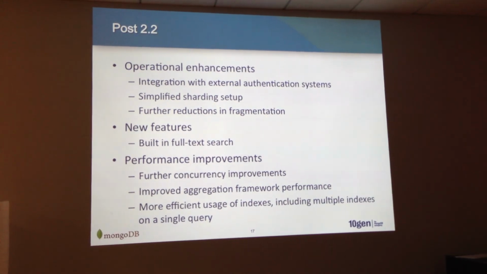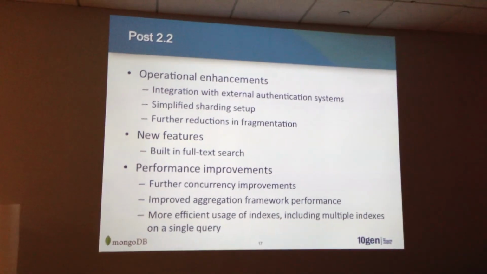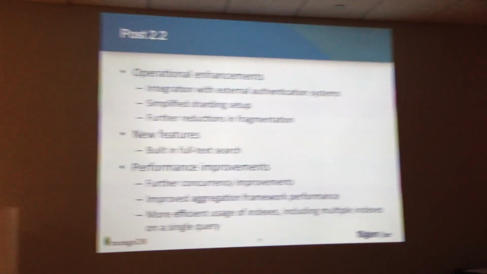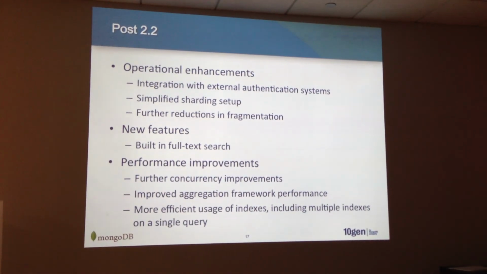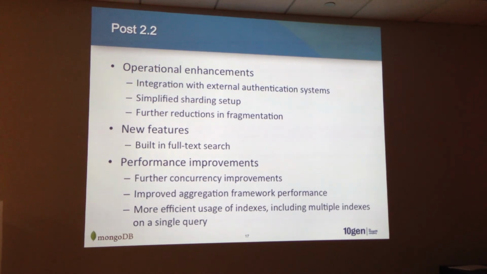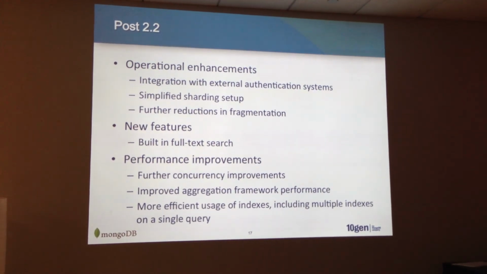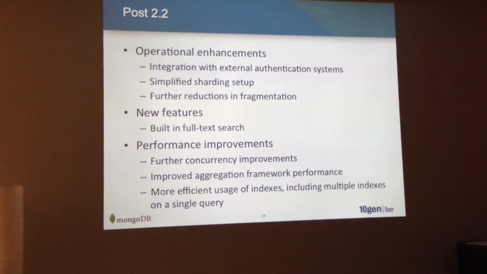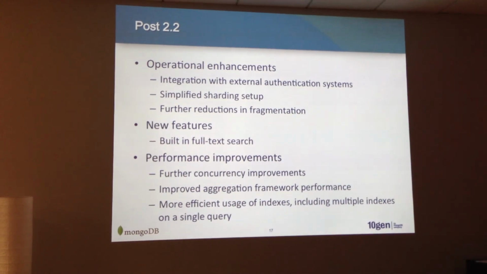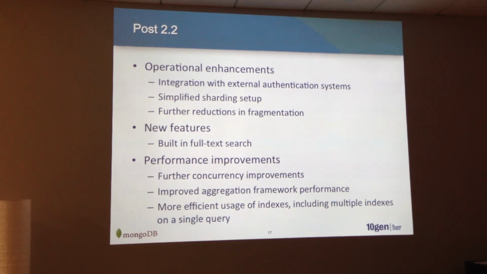But we'll add it. Reduction of fragmentation: I think we're going to try to start doing online compaction. The one big feature is going to be full text search, and that's sort of like the unicorn, because it's been asked for so long, and everyone wants to see it.